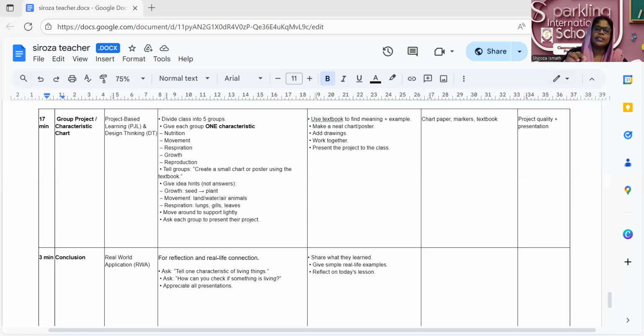Did they include at least one correct example? Is the chart neat and done as a group? I will also assess their presentation skills, whether they can explain clearly and work cooperatively. This project acts as a formative assessment of their understanding of each characteristic.